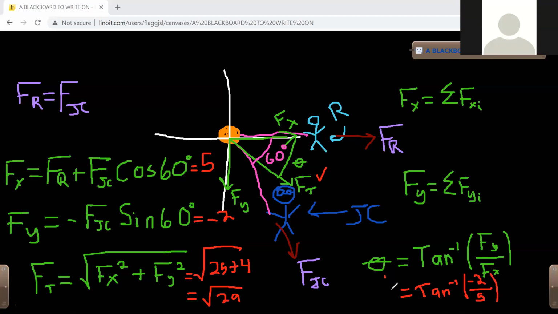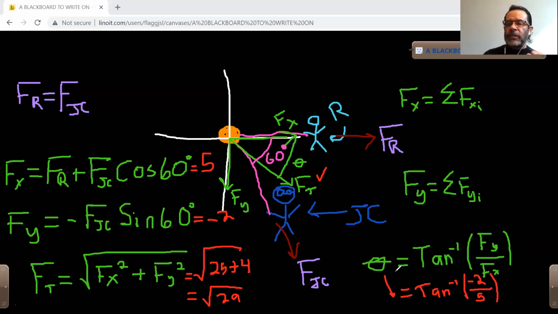Okay, so that's how we get the direction and magnitude. So the magnitude is always going to be the x force and the y force using Pythagoras, and the angle is always going to be the inverse tangent of y divided by x. Okay, questions with this one? Oh, I got it. I had a refresher of physics right now.